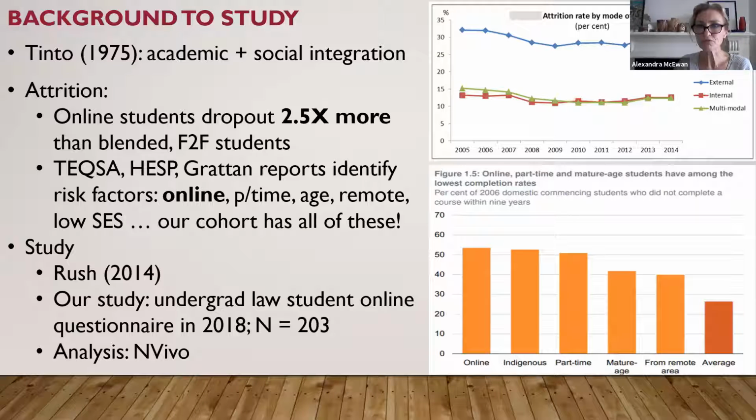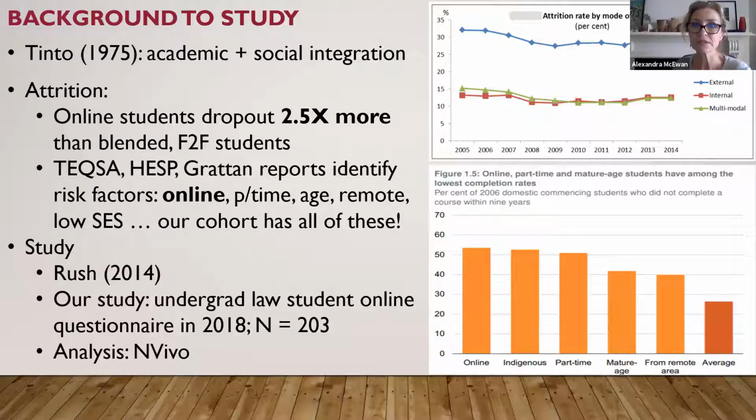And I just want to fast forward now into the Australian policy environment on student attrition in tertiary education and highlight three recent studies. The first is that published by the Tertiary Education Quality and Standards Agency in 2017, and amongst a plethora of factors that contribute to student attrition in tertiary education, TEQSA identified as the biggest risk factor online enrolment.